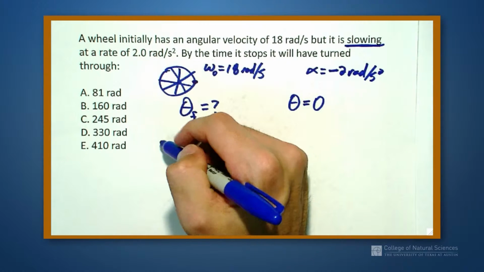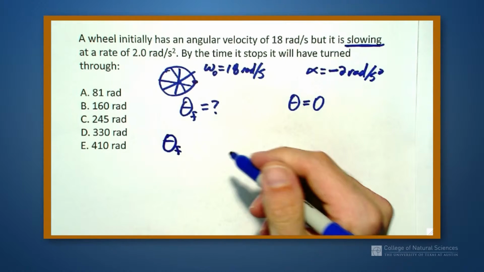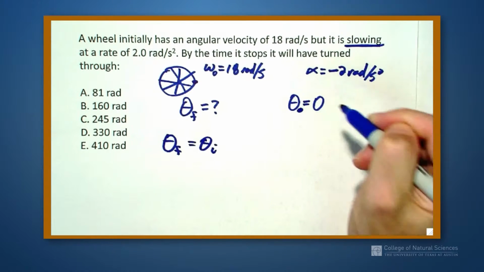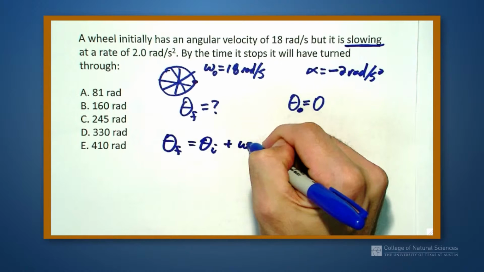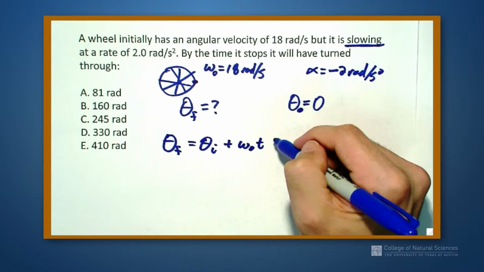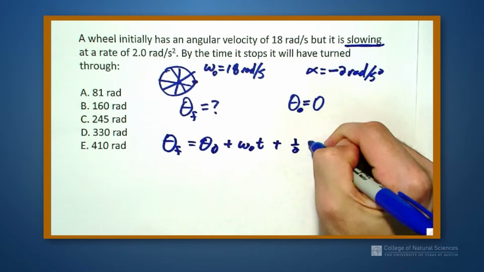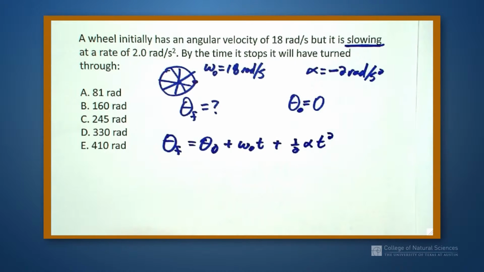So we have one. We know that the final angle is equal to my initial angle plus omega naught t, should probably make these all naughts, plus 1/2 alpha t squared.